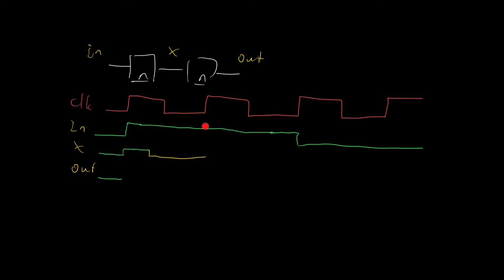At the next rising edge, and here's the key point, because we have to assume that the input varies relatively slowly, the input is guaranteed to not be moving. That's because it moved here, and it's not allowed to move too fast. So because it moved here, we know it's going to be constant for a while. And so then at this rising edge, we take a photograph of the clean input in.